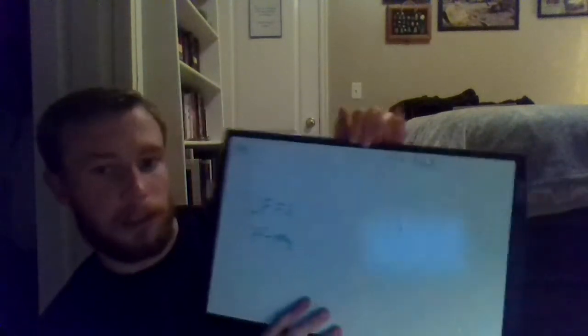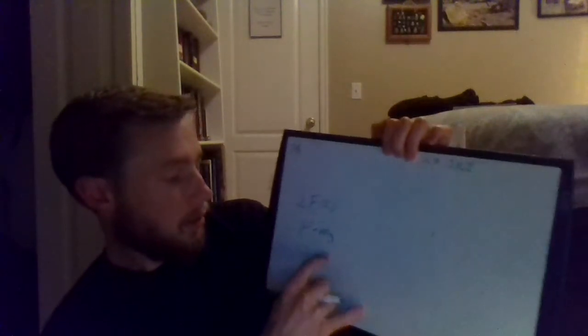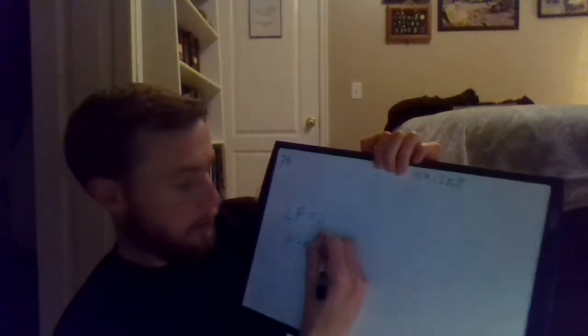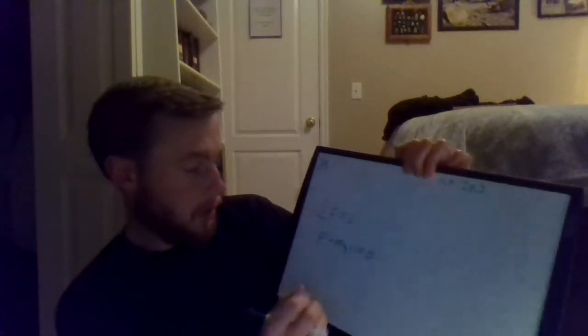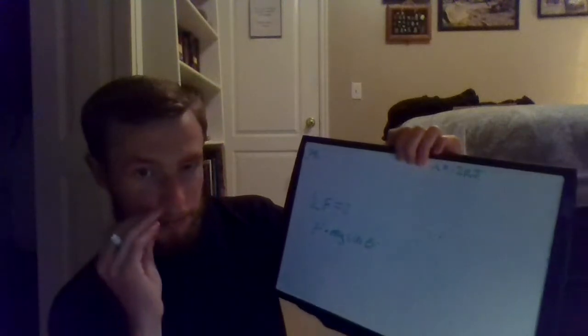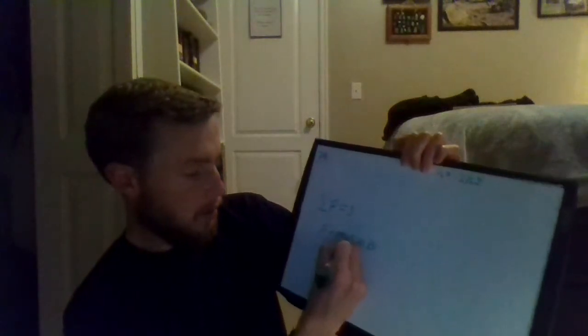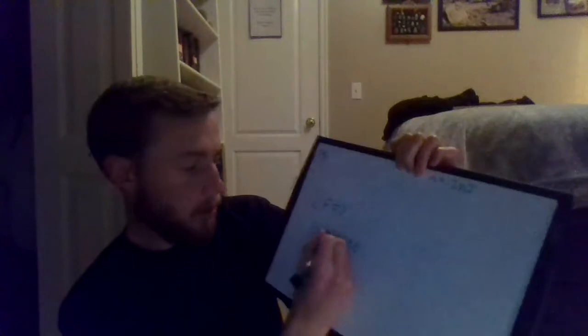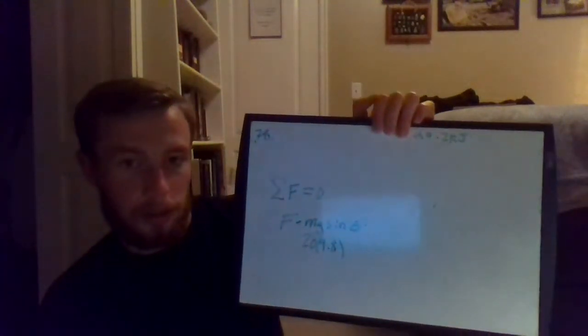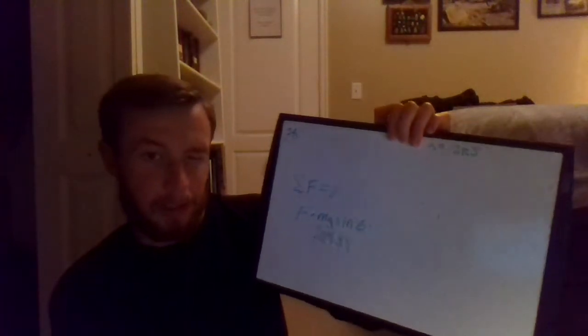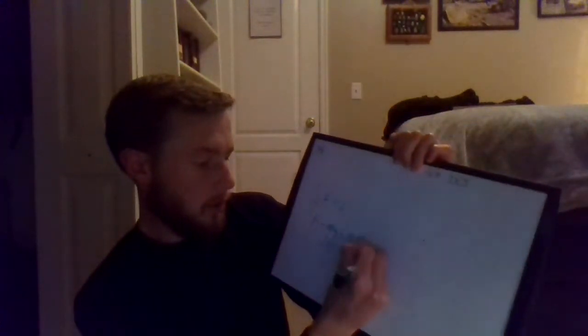So we can go F minus mass times gravitational acceleration, sine of the angle, equals 0. And then we substitute for mass, which is 20, 9.8 for the gravity, and 30 degrees.